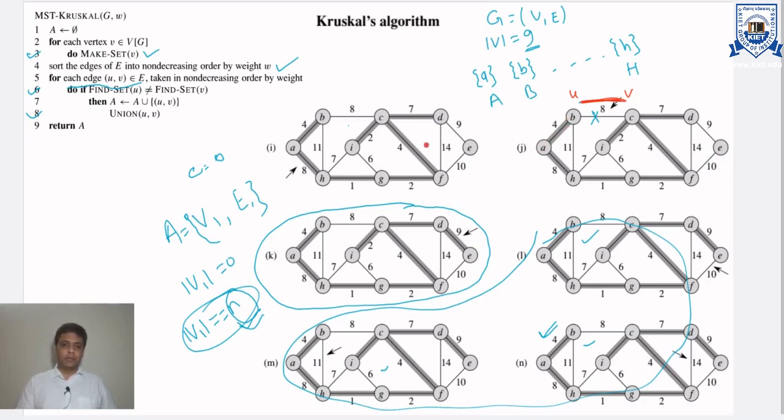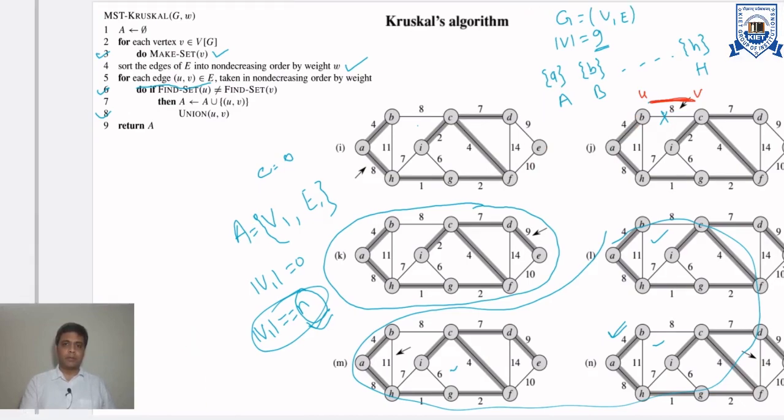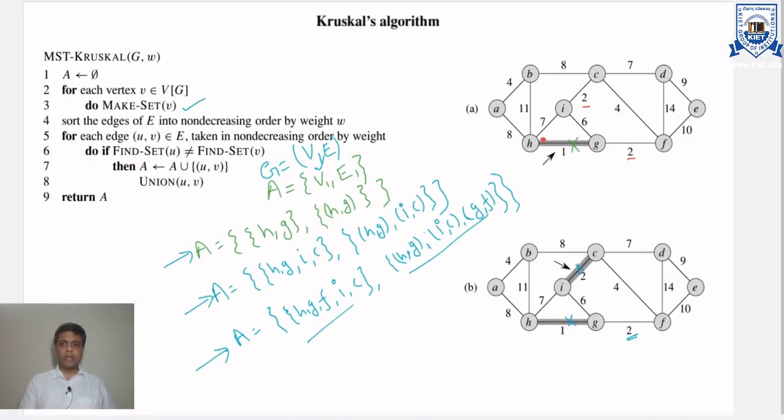then, in the previous example, initially H and G are separate sets, H is a separate set and G is a separate set, but if this edge is selected, then you are going to take the union of H and G. So in line number 8, if this edge is selected, you are going to take the union of U and V, meaning the union of H and G. Give it any new name or the same name.